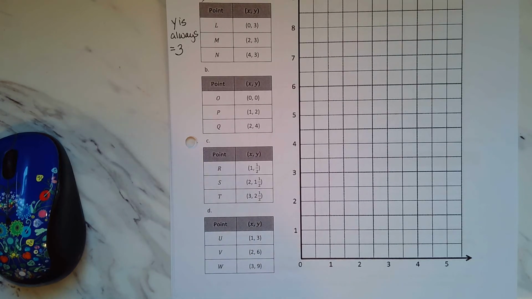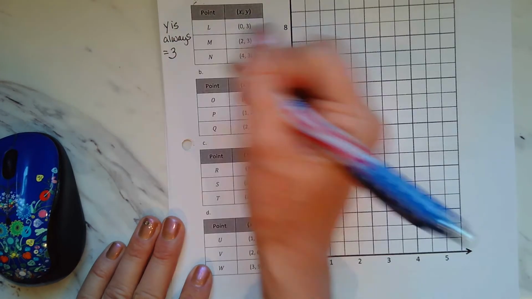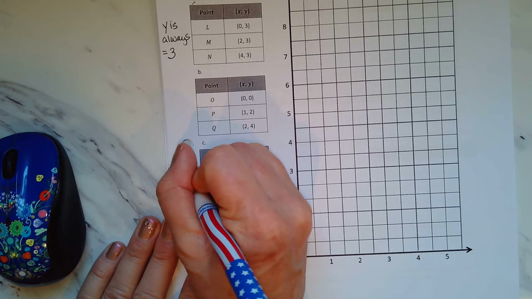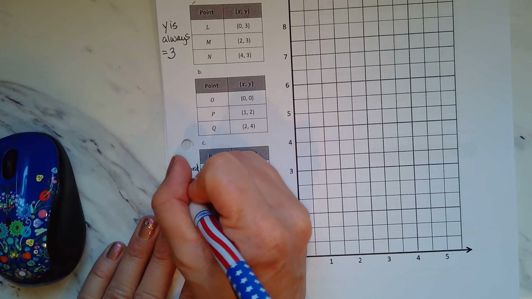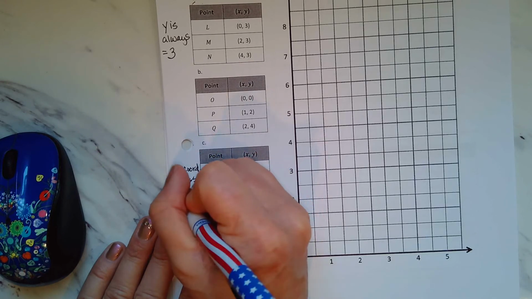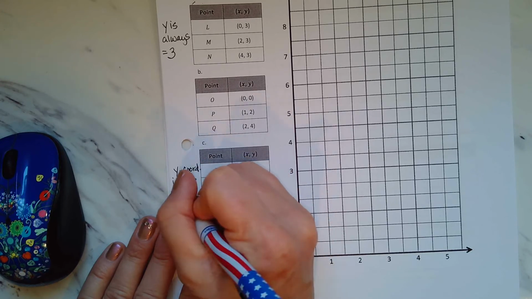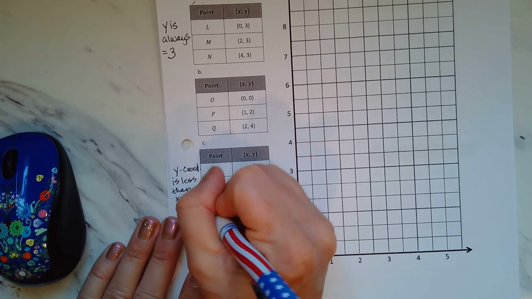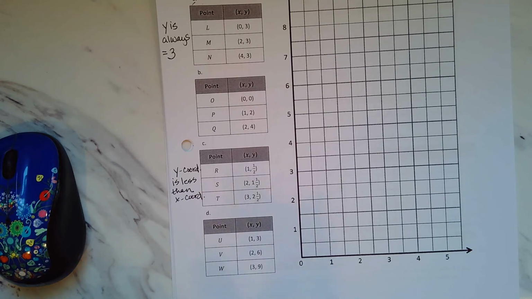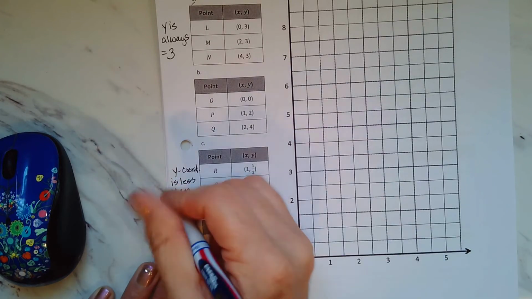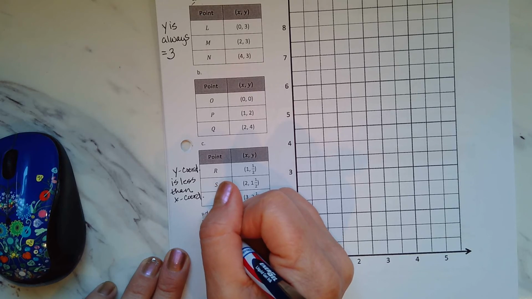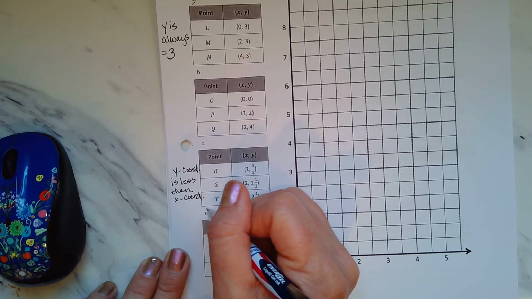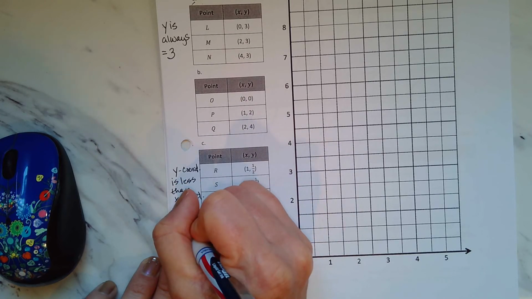So we could write this as y coordinate, we'll just abbreviate, is less than the x coordinate. What is another way we could write that? Well, we could be more specific. We could say y is 1/2 less than x.